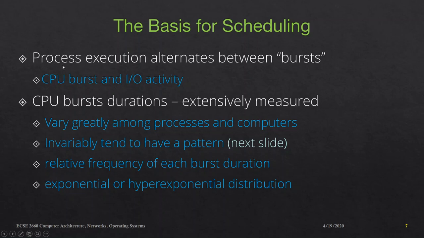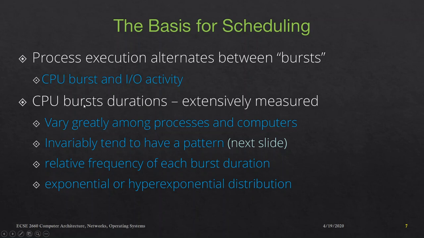So in general, you will have a process that alternates between a few CPU instructions being executed, and then we wait for some IO to complete, then we go back to the CPU burst, and alternate back and forth until the process gets completed.